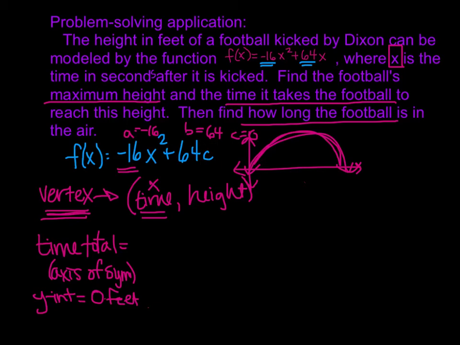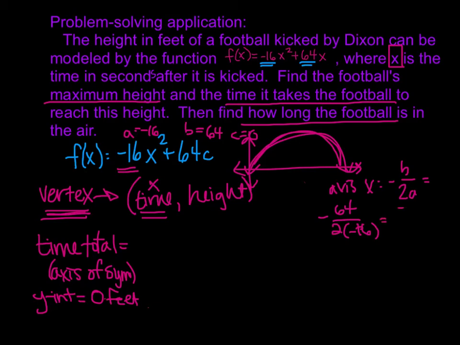And what we can do after that is figure out the axis of symmetry. So our axis of symmetry is x is equal to -b over 2a, which is equal to -64 over 2 times -16.